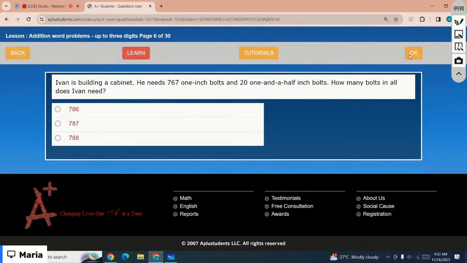You need to add 767 plus 20. So the correct option is 787.